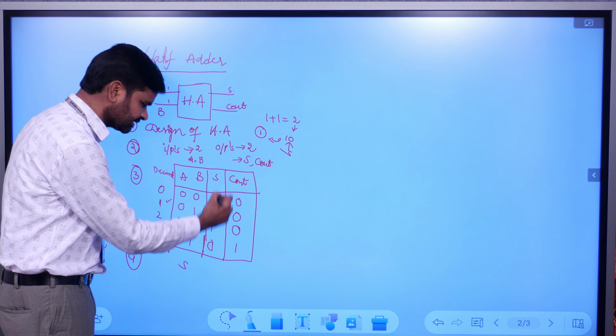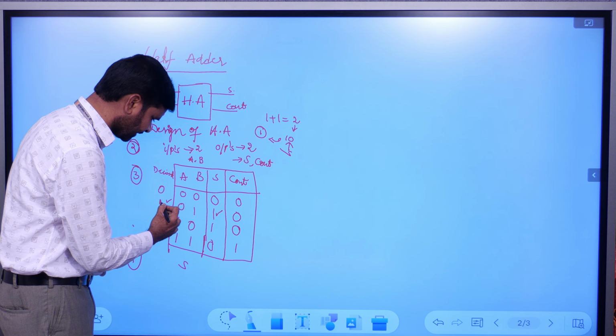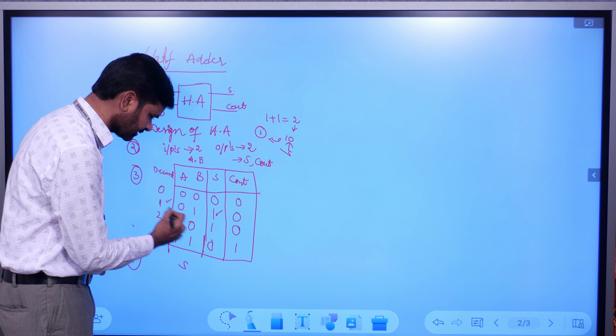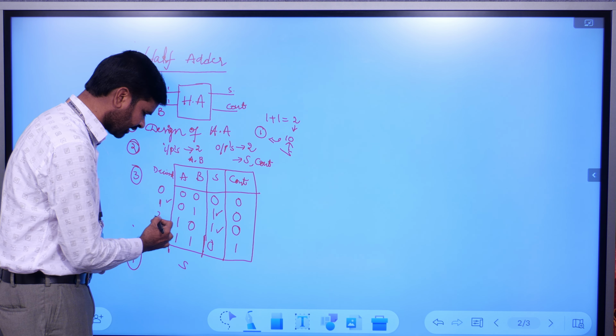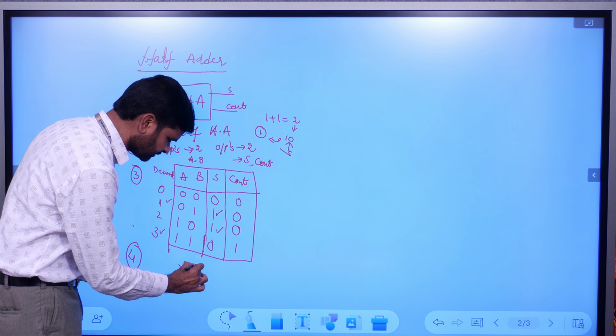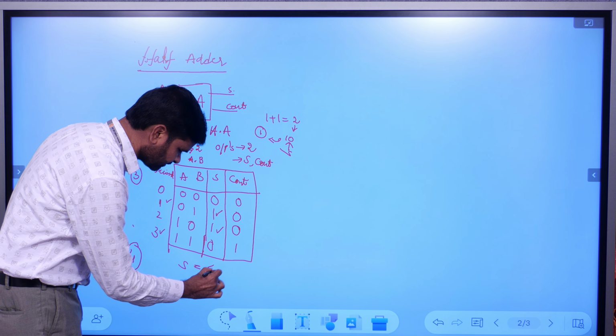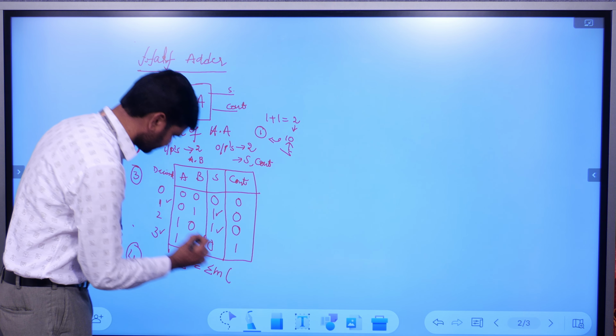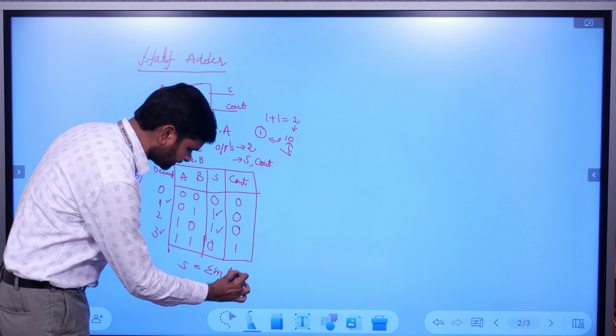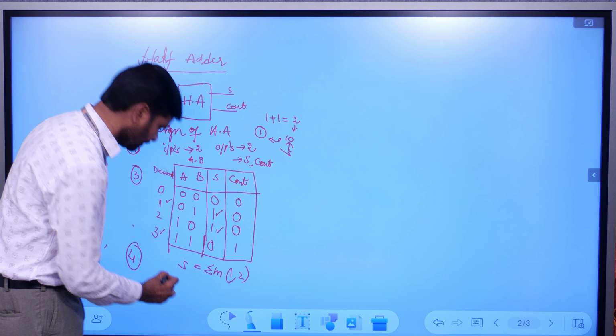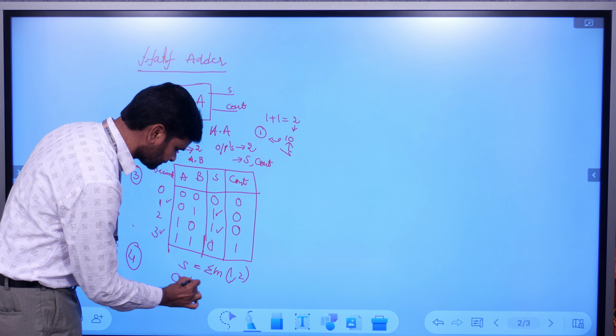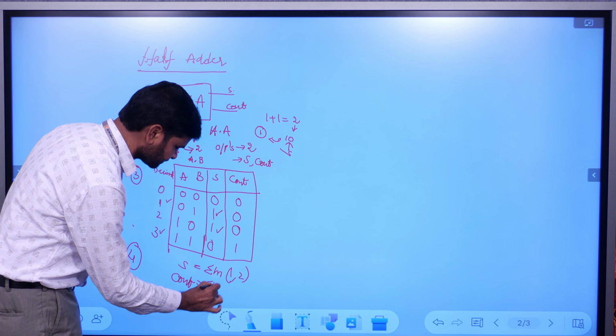The sum is 1 when the input combination is 1, and the sum is 1 when the input combination is 2. So S is equal to sigma m of 1, 2. Now Cout is equal to sigma m of 3.